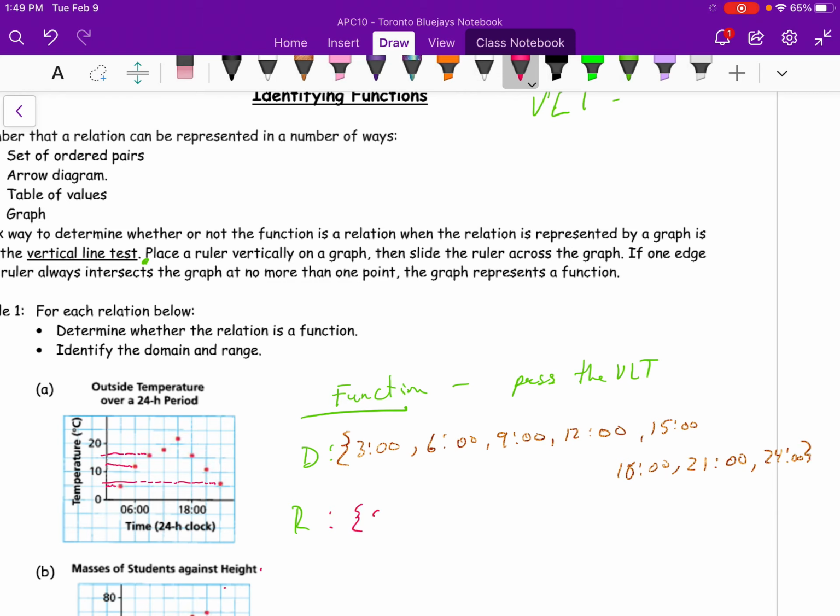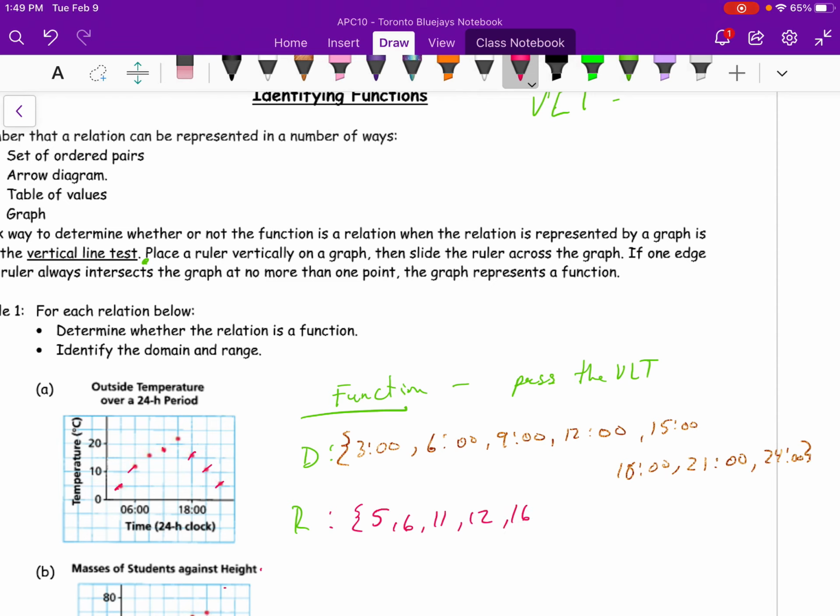So my range is 5 for this point, and I'm going to go from lowest to highest. My range is 5. For this point, it's 6. For this point, that looks like it's 11. That point looks like it has a y value of 12.